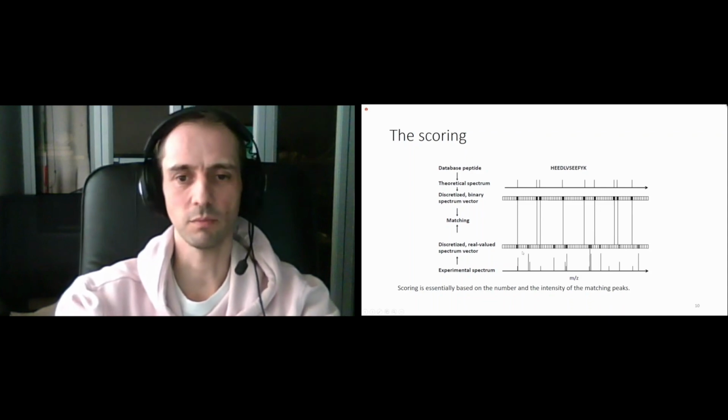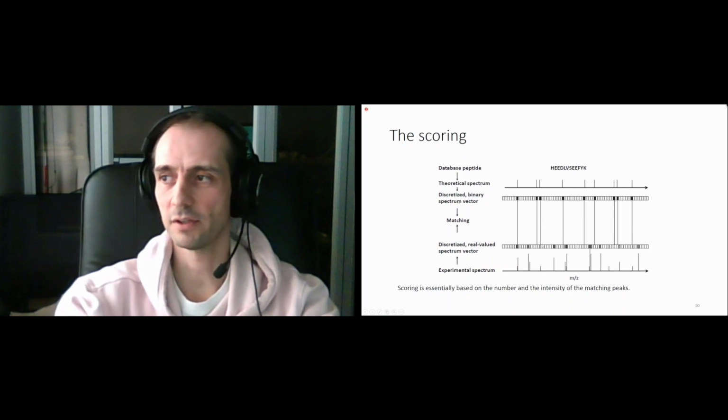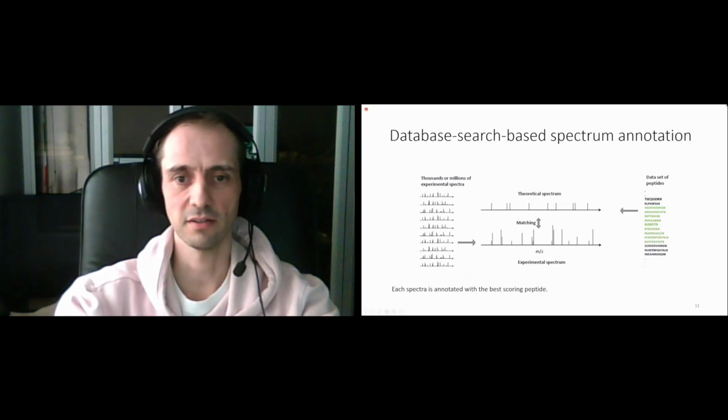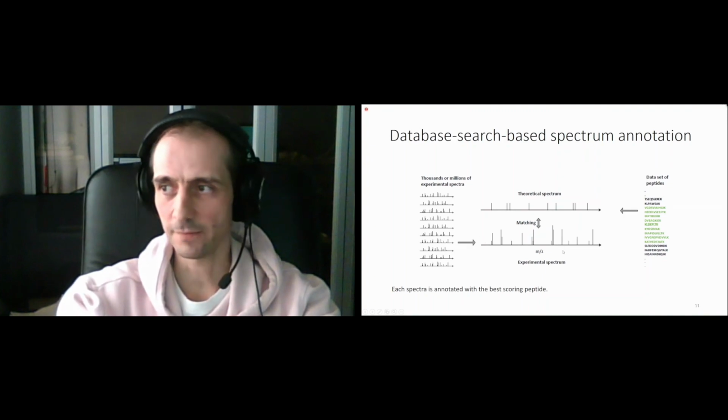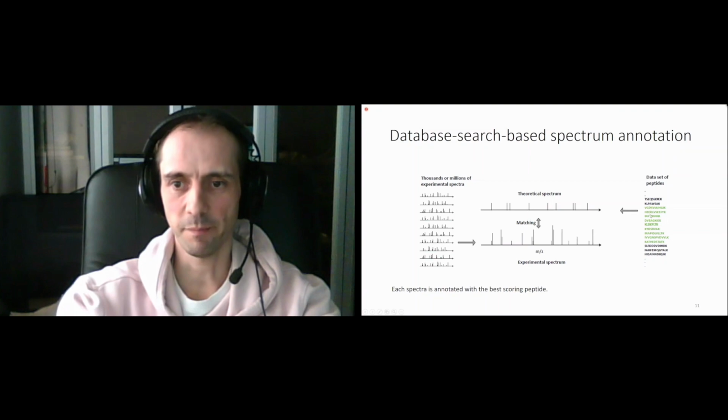It would be a little bit more accurate, or it would give you better results. Okay, so how do we annotate one spectrum? The experimental spectrum, this one, is going to be annotated by the peptide sequence which produces the highest matching score.